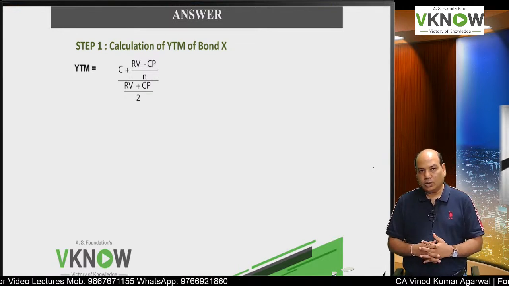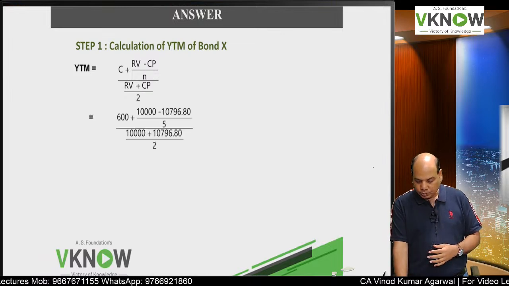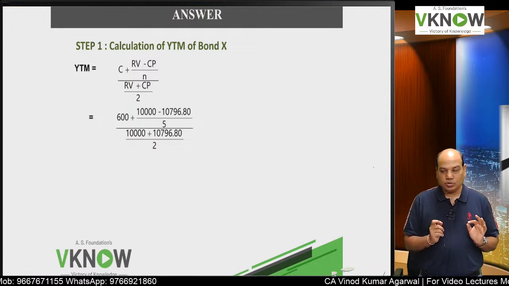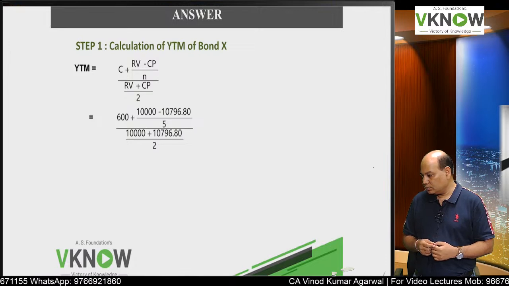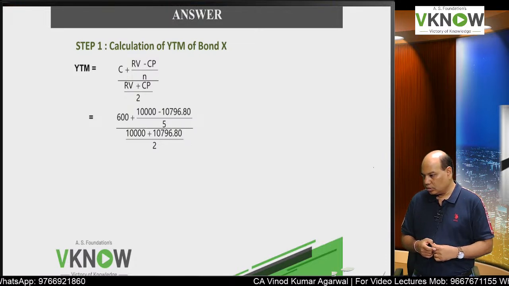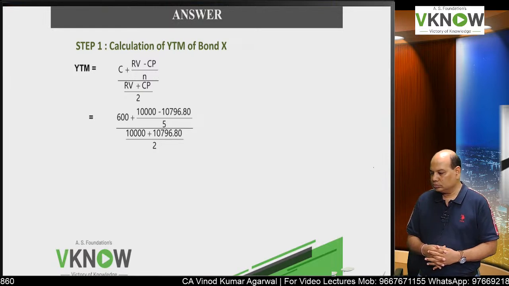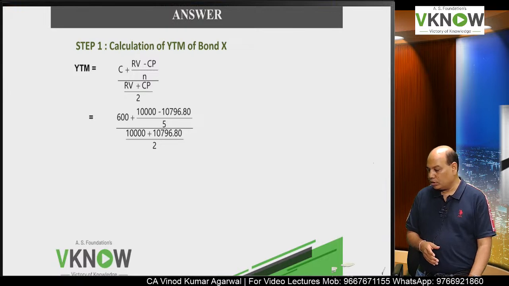After writing the formula, we'll have to solve. So I will put the values in front of you and the students will solve it and give me the answer. Okay. Yes, please reply. What is the YTM of bond X?